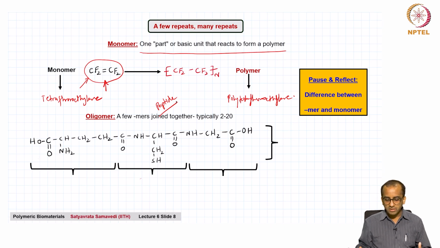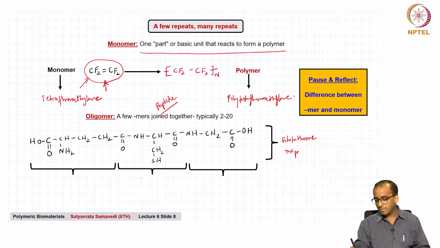So, shown here is an example of one such tripeptide, glutathione, which is an antioxidant molecule with scavenging capabilities, present in many mammals.